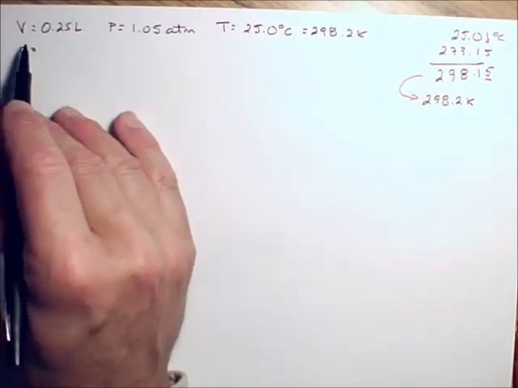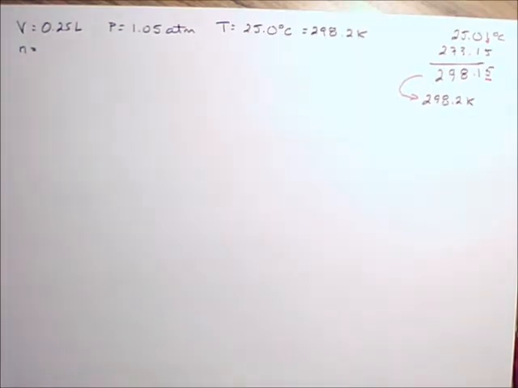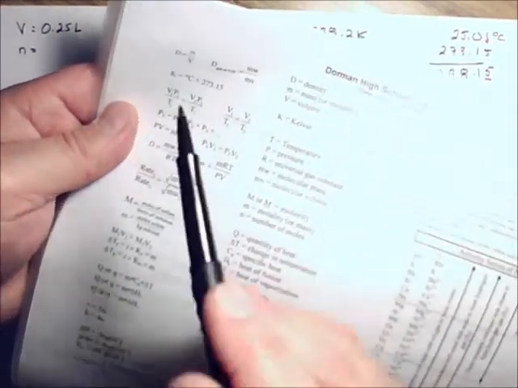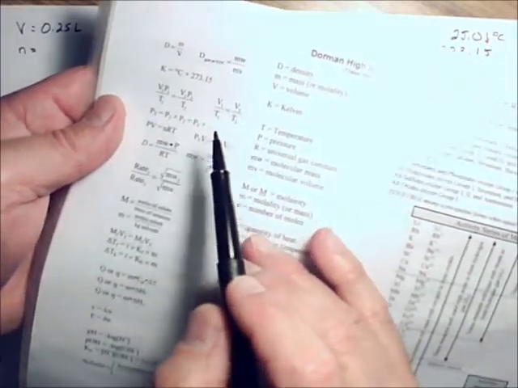So we've got V, P, T, and N. Let's look on our list of gas laws and see if we can find one that matches those dimensions of measurement. On your test references, all your gas laws are in the upper left-hand corner.